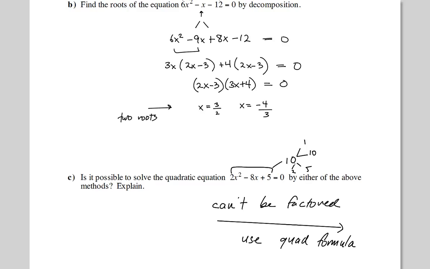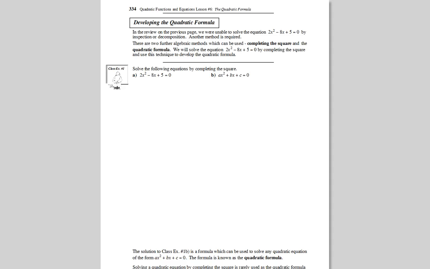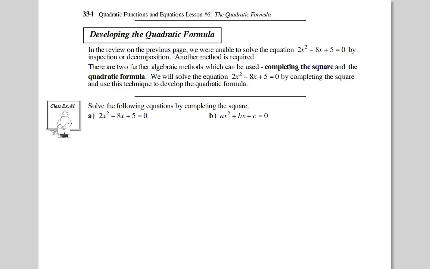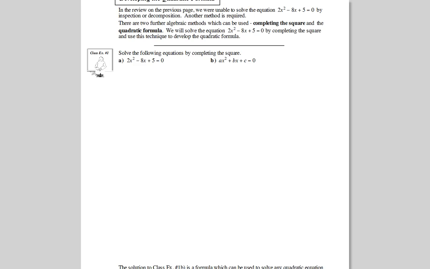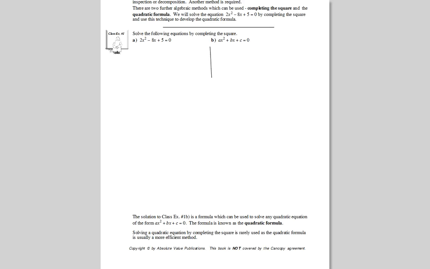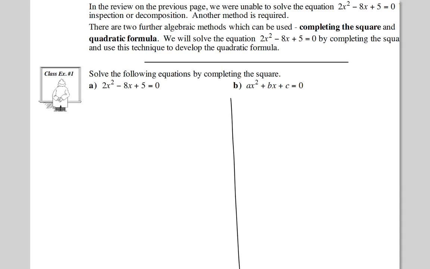Now on the next page, what we can do, if you're interested, is we could develop the quadratic formula using complete the square. So we can do it with numbers.